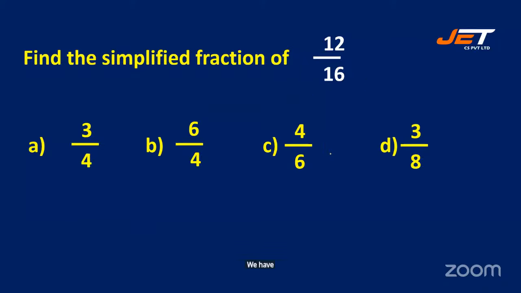We have 12 by 16. Yes, now you can start giving your answer. What is the simplified fraction? Find it. 12 by 16. So you have four options: 3 by 4, 6 by 4, 4 by 6, 3 by 8.